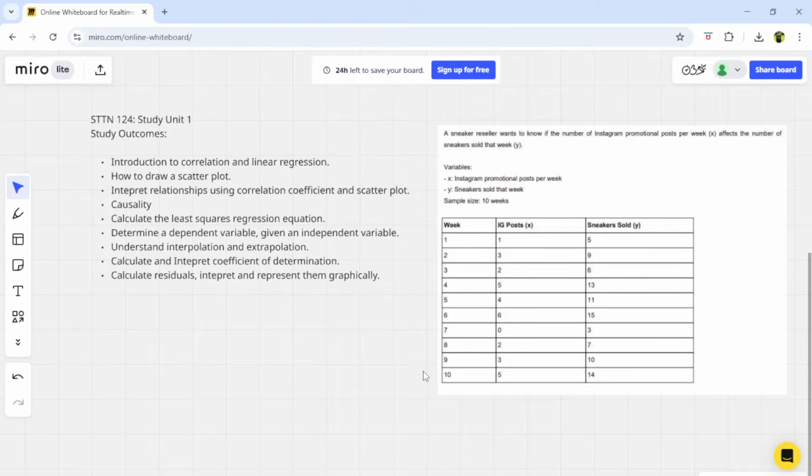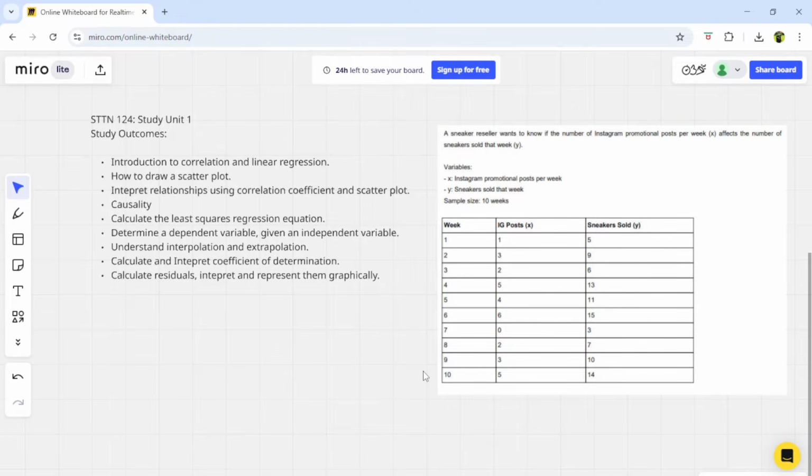Before we get there, I also want to explain correlation. Regression is more like the relationship between x and y, and correlation tells us the effect of that. If we say there is a positive correlation, we are saying that if one variable increases, the other also increases. A negative correlation means that if one increases, the other decreases.